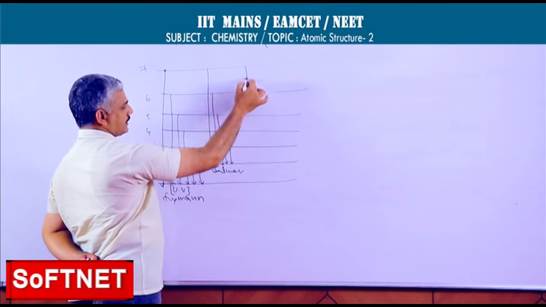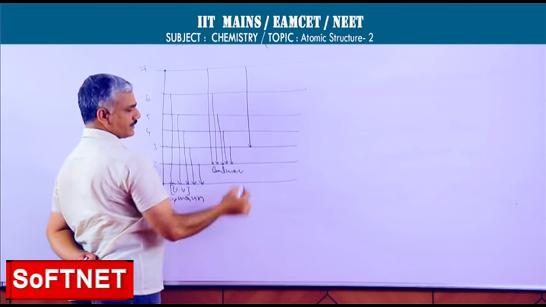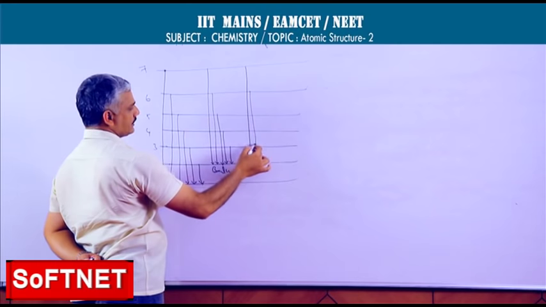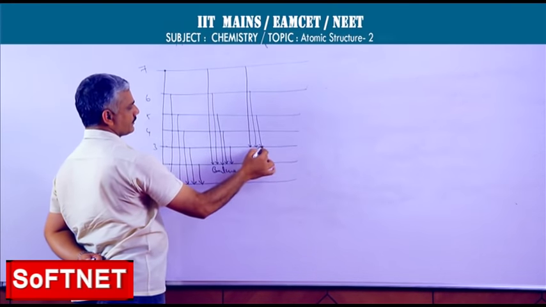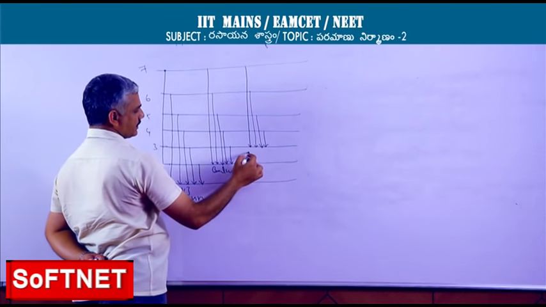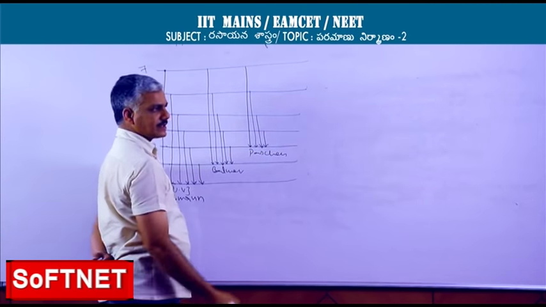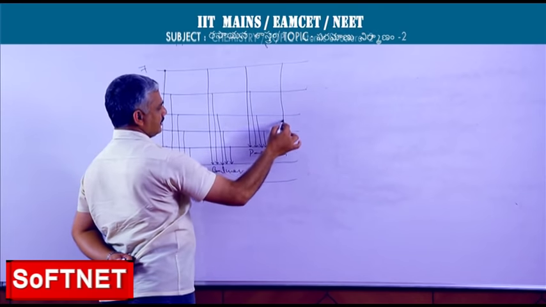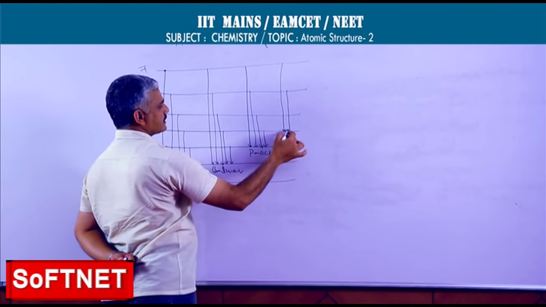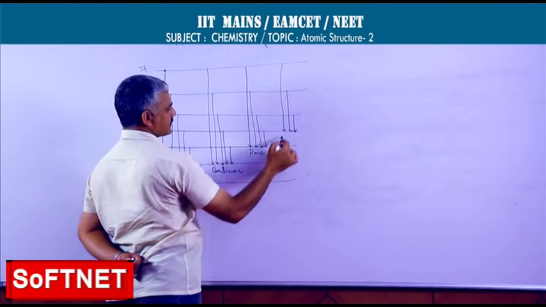Similarly, the electron can jump from higher orbits to the third orbit in so many ways, which lead to the formation of the next series of spectral lines, that is the Paschen series. Similarly, other series of spectral lines can be observed.